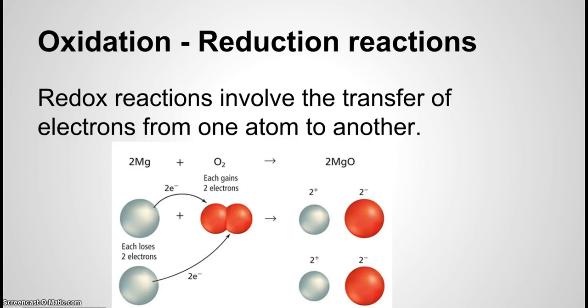So we are transferring electrons from magnesium to oxygen, which makes this a redox reaction, an oxidation-reduction reaction. So here we would have the magnesium ion, which is now a +2 charge, the oxide ion, which is now a -2 charge. They bond with each other because opposite charges attract and produce magnesium oxide. So that transfer of electrons makes that particular reaction a redox reaction.